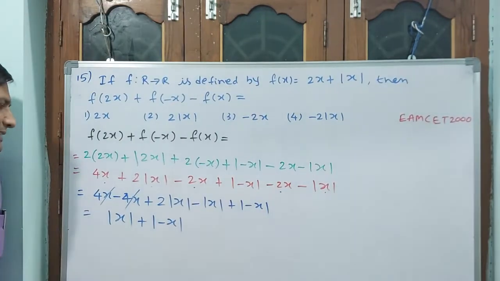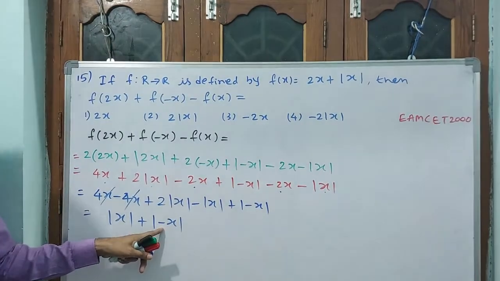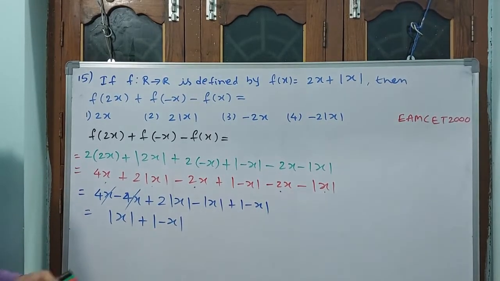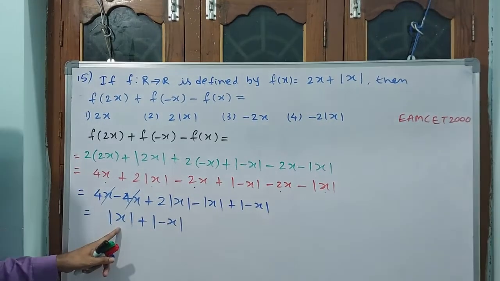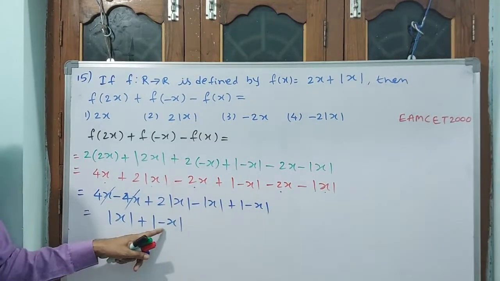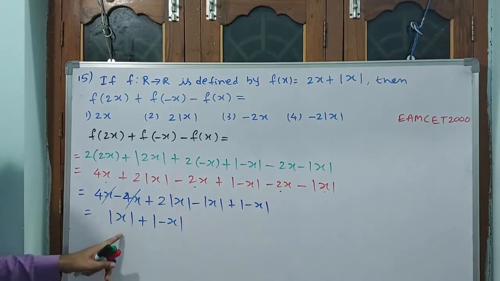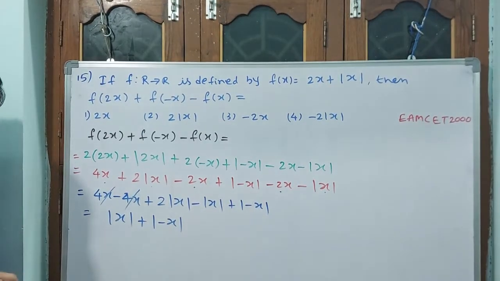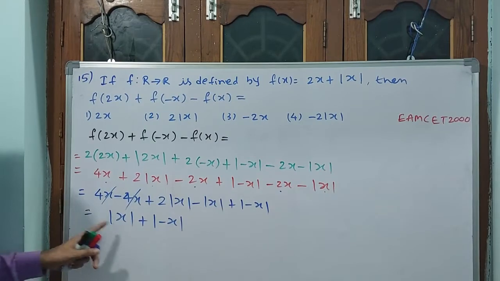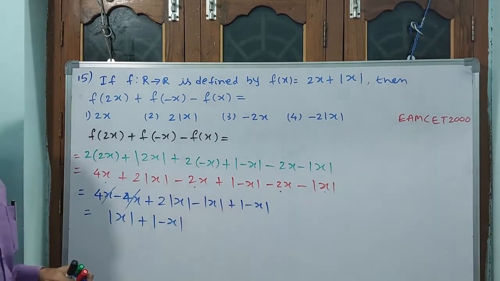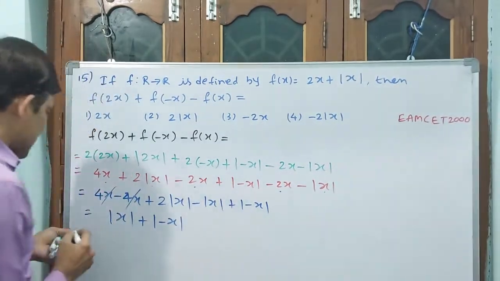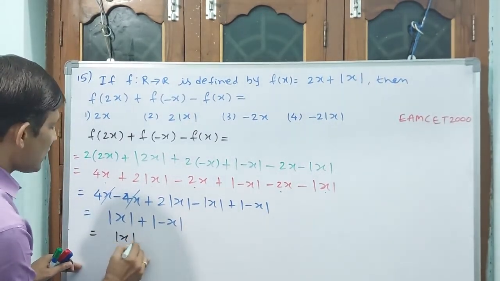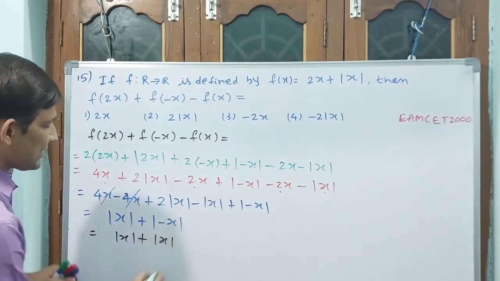Now stop and analyze. If it is minus inside, what will it become outside the modulus? Plus only, that we know very well. Modulus of x is x only, modulus of minus x is also modulus x only. We are not asking what x is; x may be negative or positive, but after putting modulus, outside it will be positive. So modulus x plus modulus x, that's all.